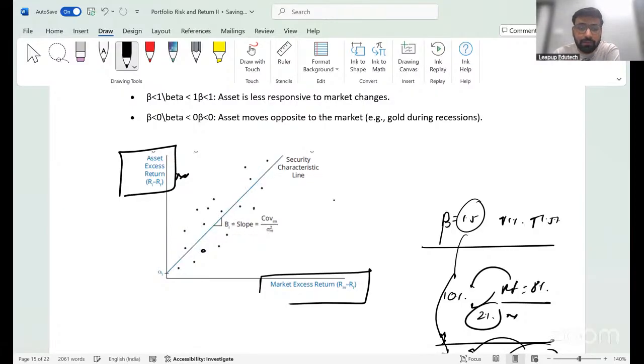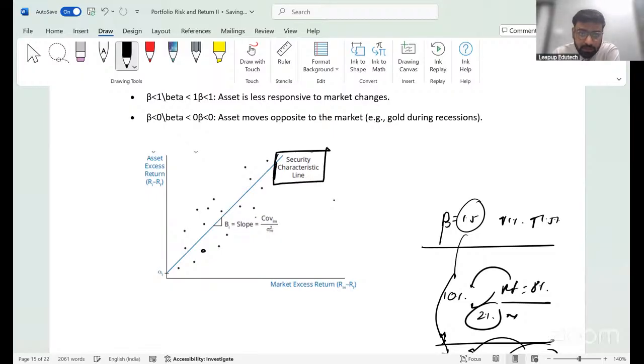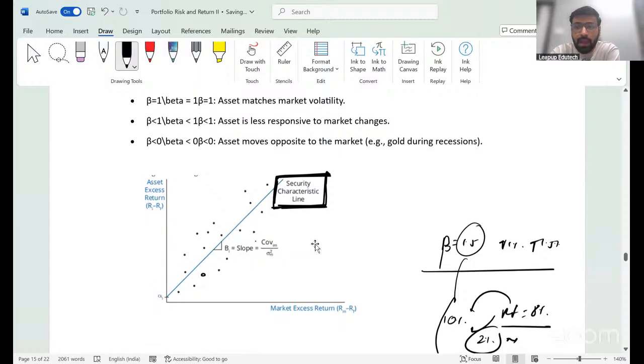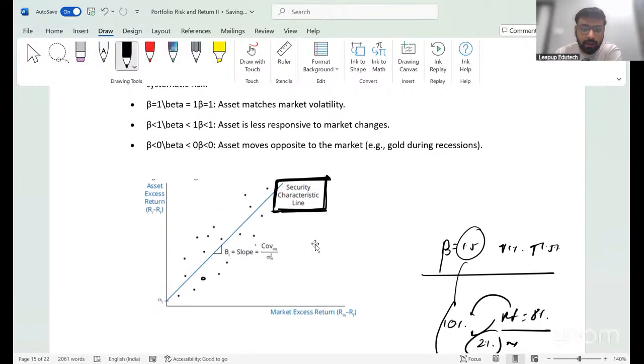And that best fit line, which tries to cover the majority of the points with respect to such plotting, is called the security characteristic line. That best fit line is called what? Security characteristic line. And the slope of such a line is called beta.